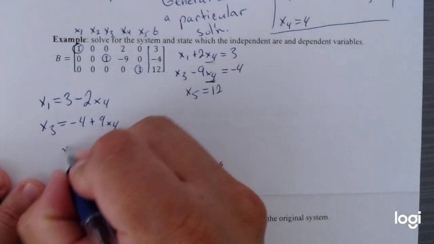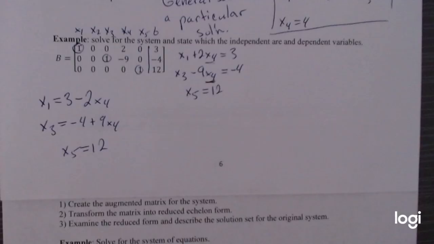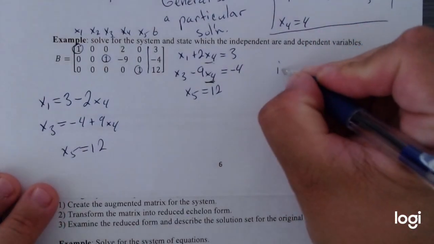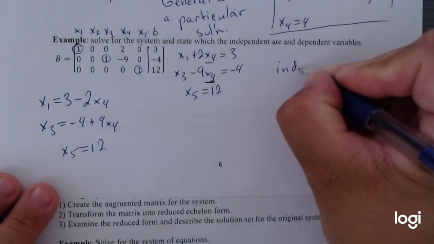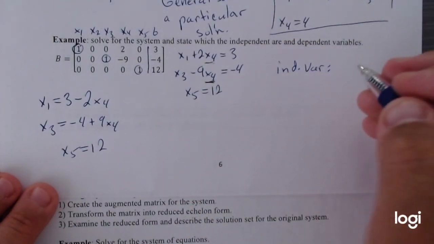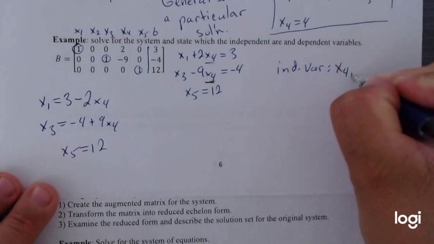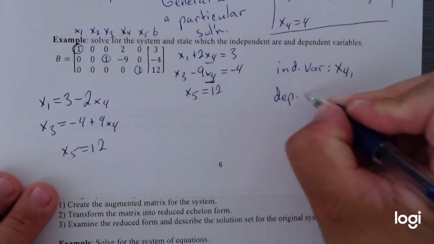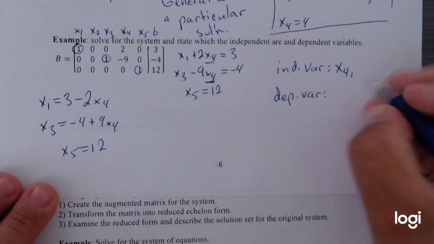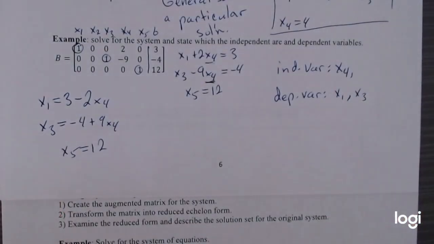And we have this one here. Okay. So therefore, our independent variables, we only have one, will be x4. And our dependent variables will be x1 and x3. And there we go.